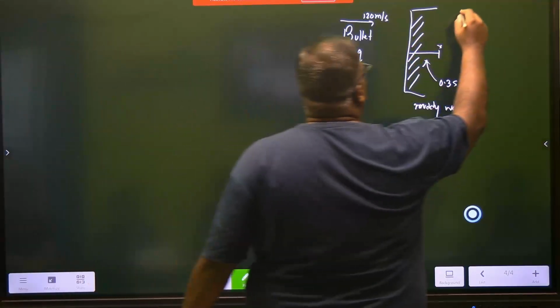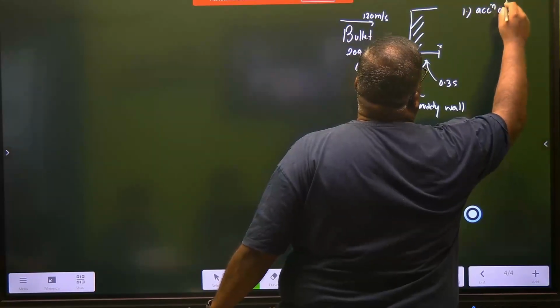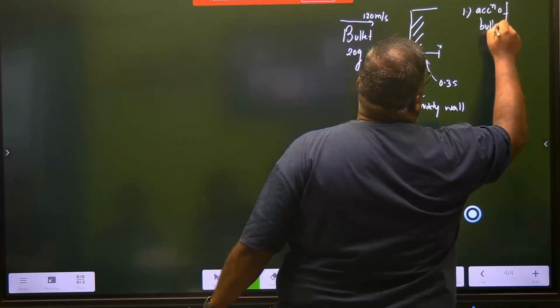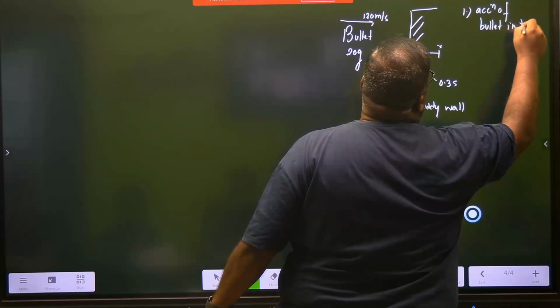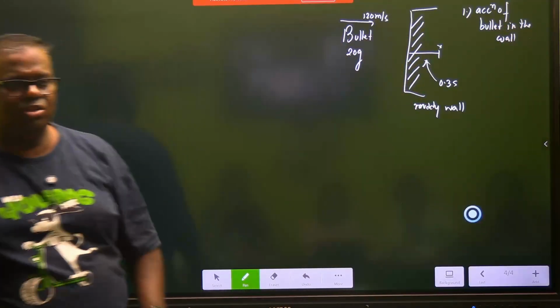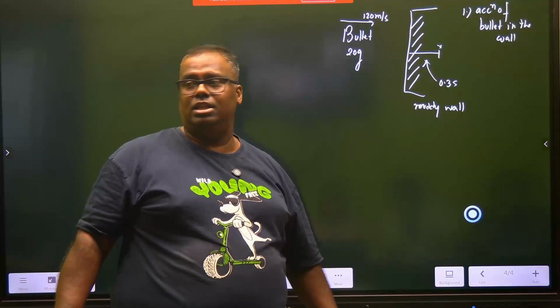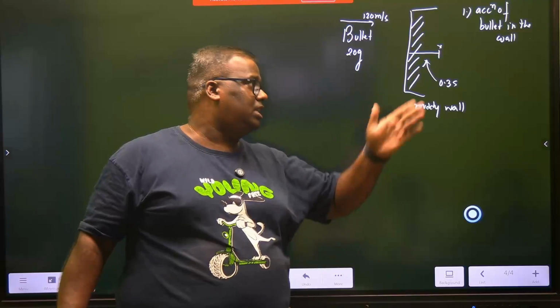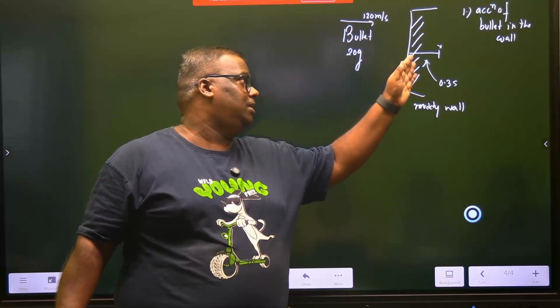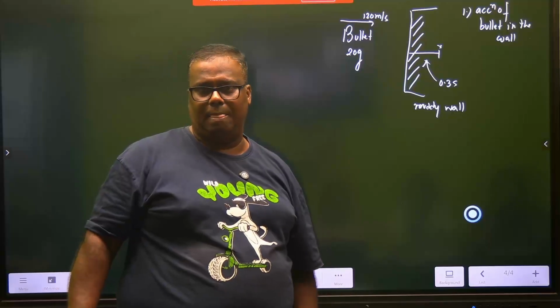Number one, we have to find out the acceleration of the bullet in the wall. The first question: acceleration of the bullet in the wall. Now you yourself think, once the bullet has hit the wall, did it accelerate? Nitya, sit straight, otherwise you'll feel dejected. Did the bullet accelerate?